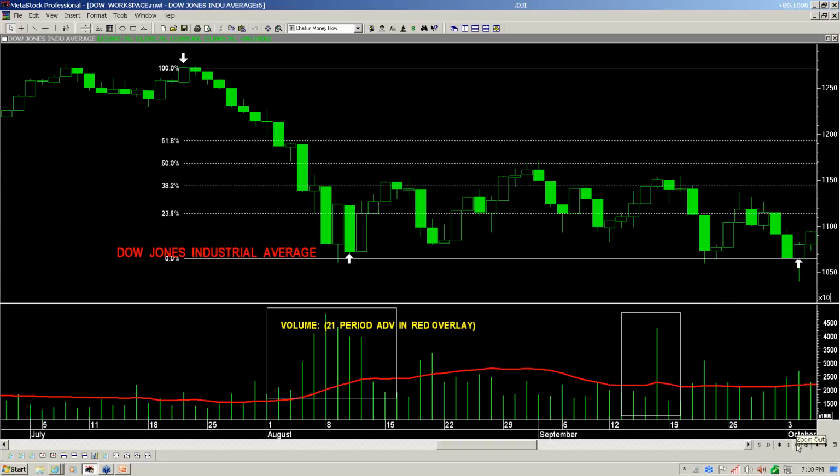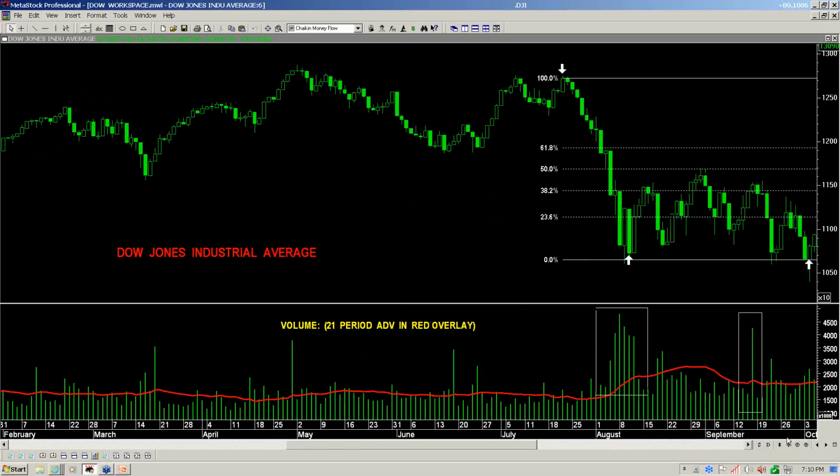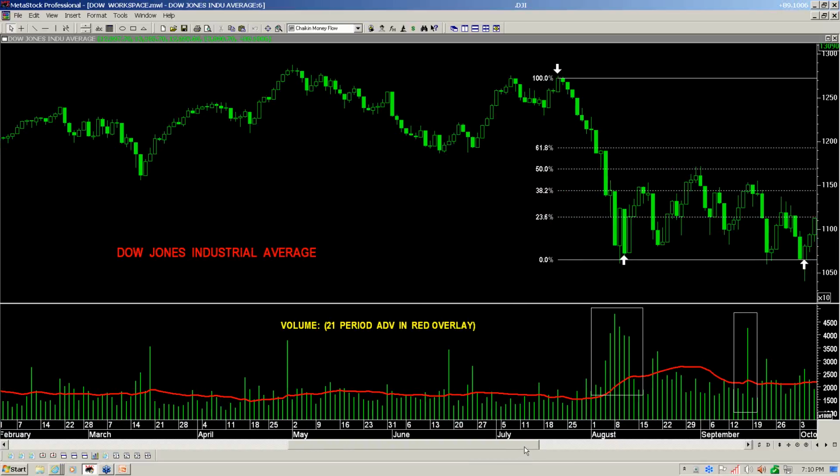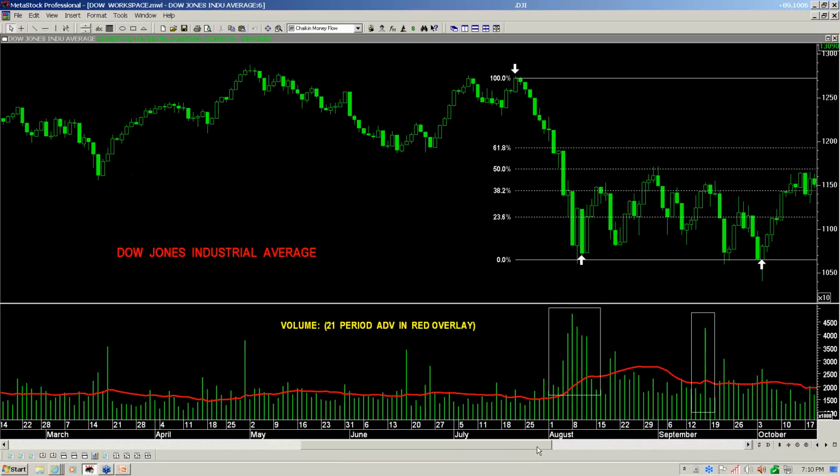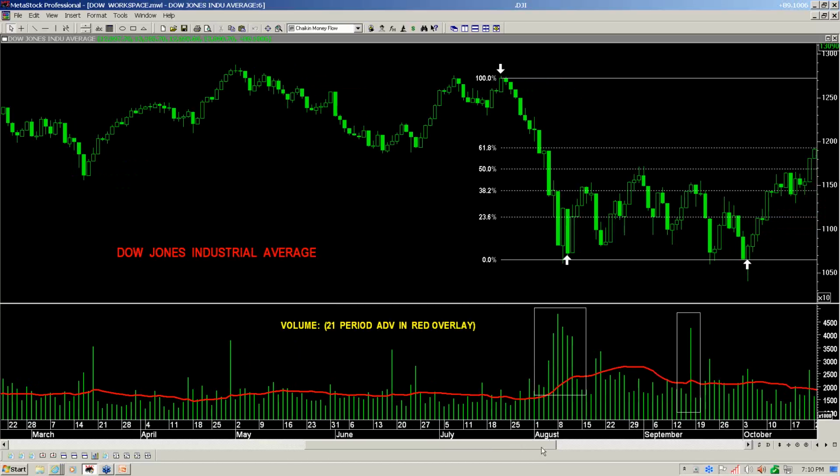Now, time goes by, the future unfolds, and prices, almost a double top here, trade through 50% and trade up to 61.8.